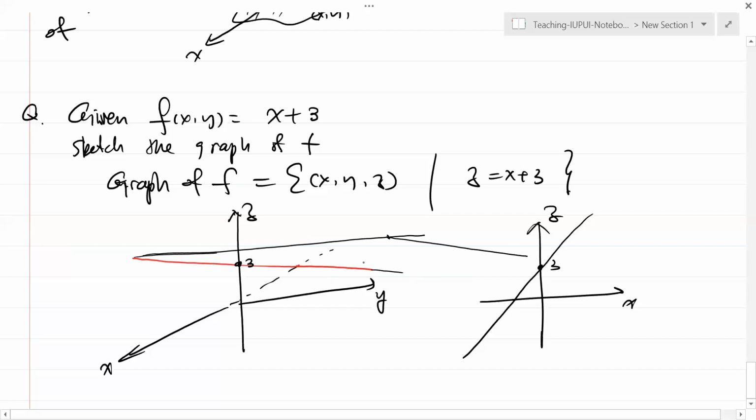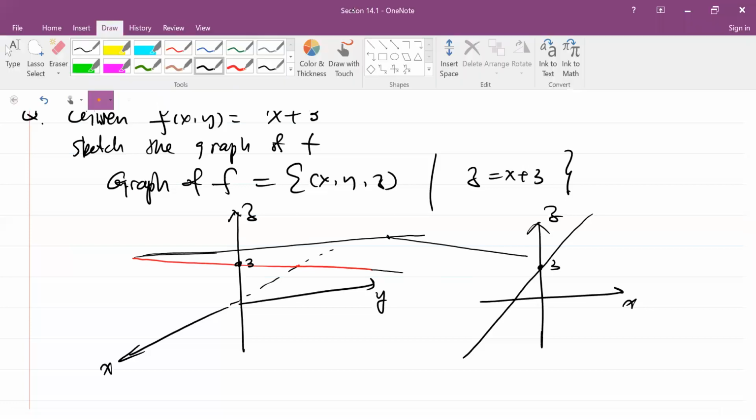So this should be the plane, perpendicular to the xz plane and determined by this line in red color. Now I'm going to color it.